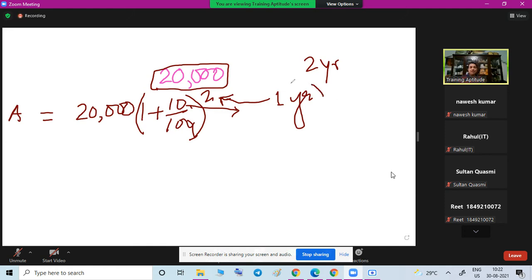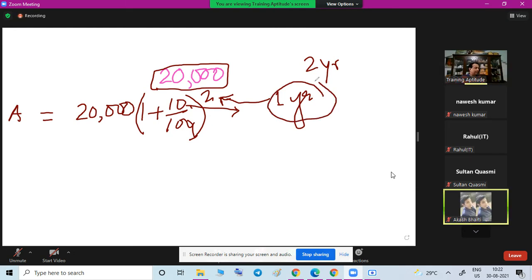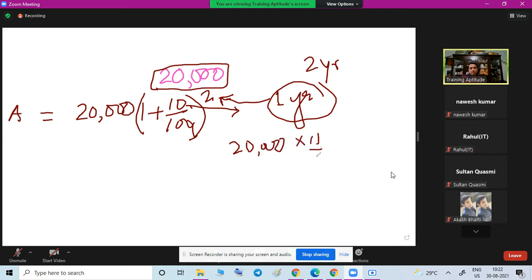So for 1 year, because the question says it is compounded half yearly, in that case it will become 20,000 into 11 upon 10 into 11 upon 10.